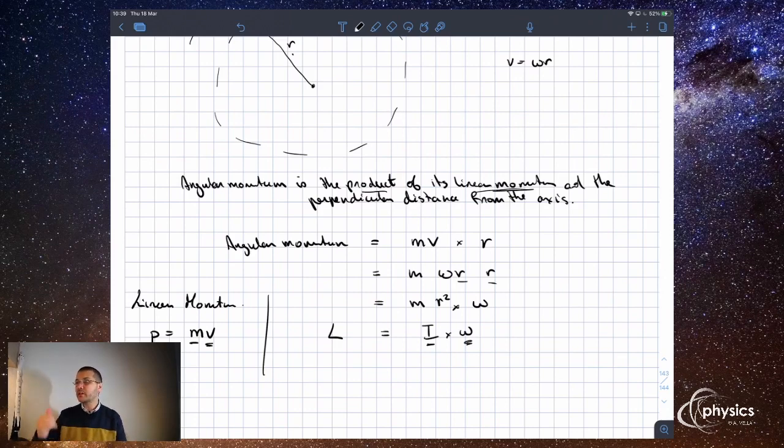Ġifieri, dejjem bl-istess regola biex naqilbu minn linear għal rotation, naqbdu is-simboli li konna nużaw f'linear u minn flok nużaw the rotation counterpart tagħhom. Flok mass u velocity qed nużaw I u omega. Alright? U hekk jiġi l-angular momentum.